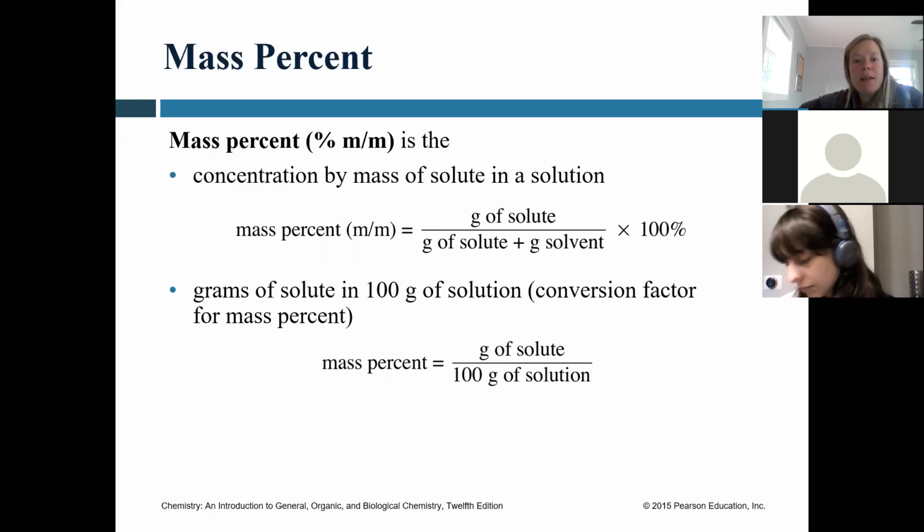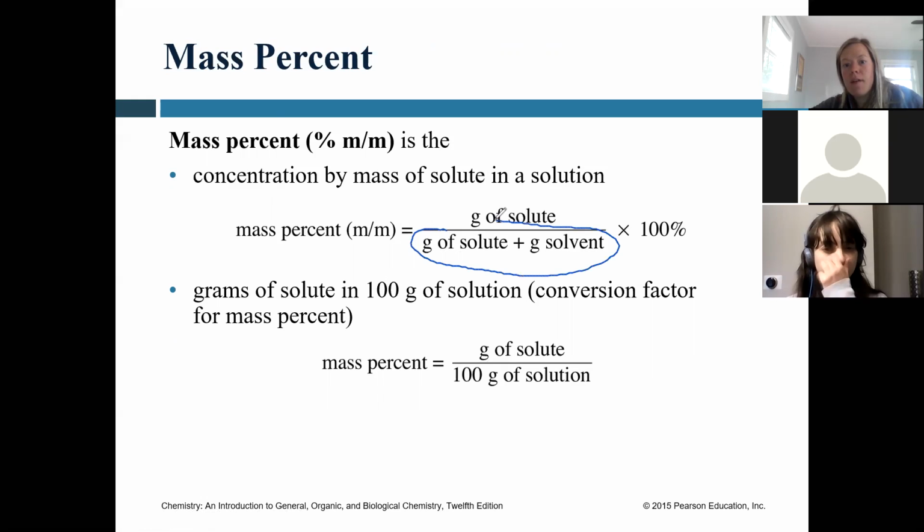So in the mass percent, we're going to have grams of solute over grams of solution. Now it's important to note that the grams of solution are the solute plus the solvent, right? So it would be the salt plus the amount of water. You'd want to take into account both of those. If you're given the mass percent, you can write it as grams of solute over 100 grams of solution.